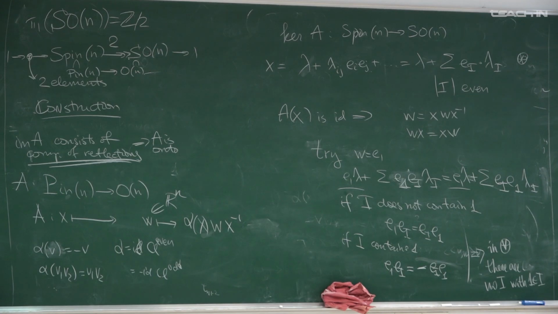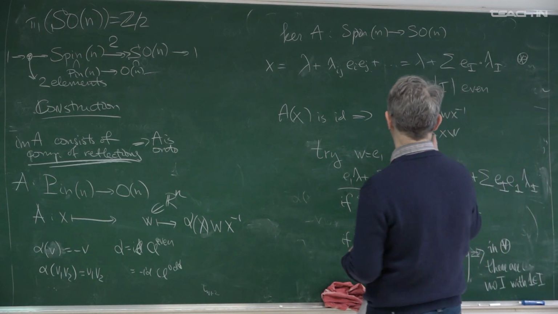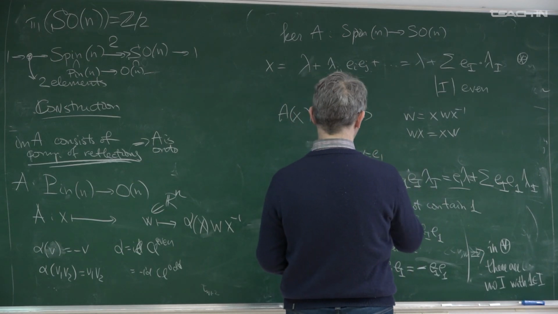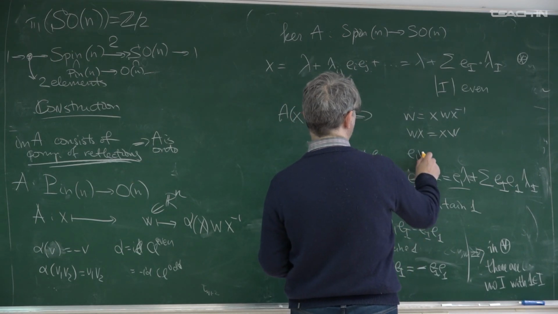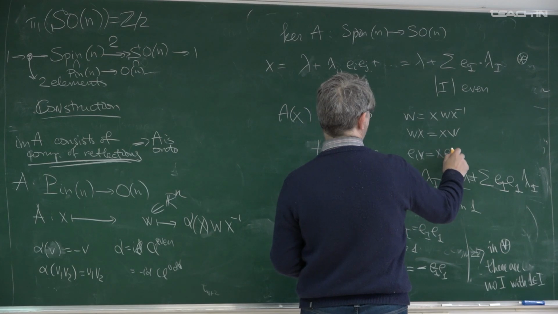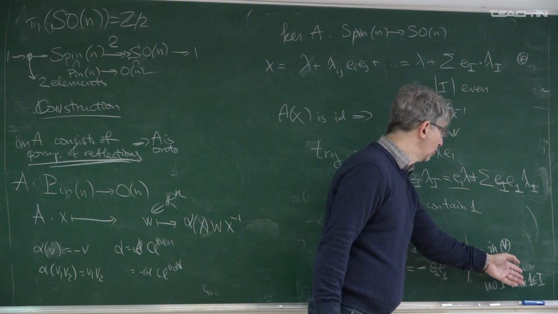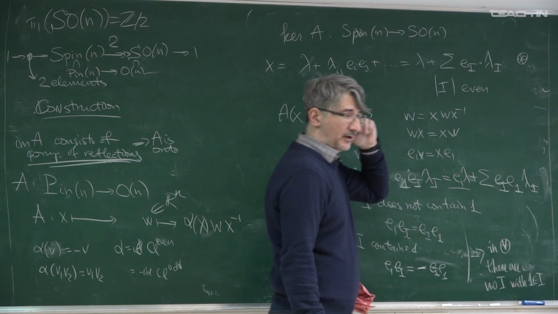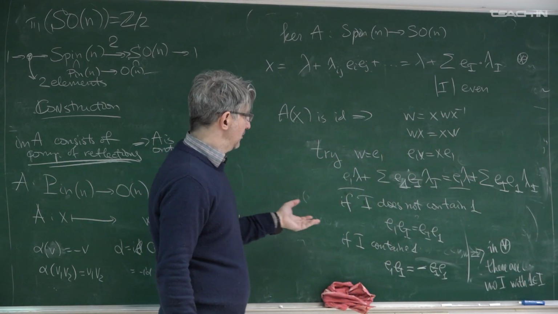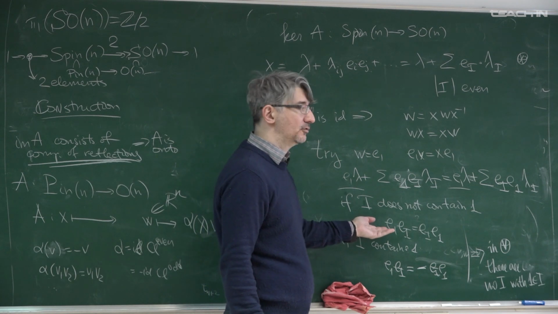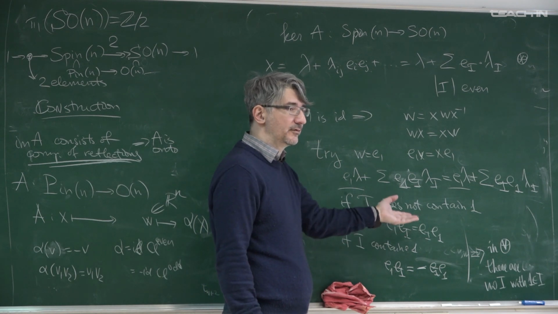I checked that this thing should commute with multiplication by e1 from the left-hand side and right-hand side: e1 x should be equal to x e1. From this condition, it follows that there is no 1 in these indices I. But e1 is not unique. You can try e2, e3, and so on.